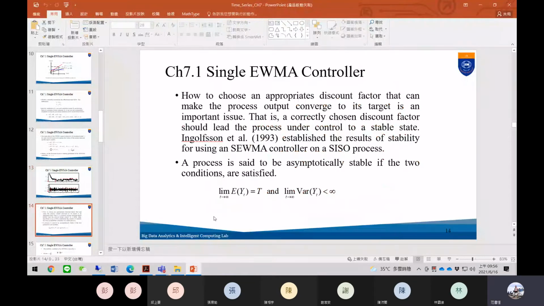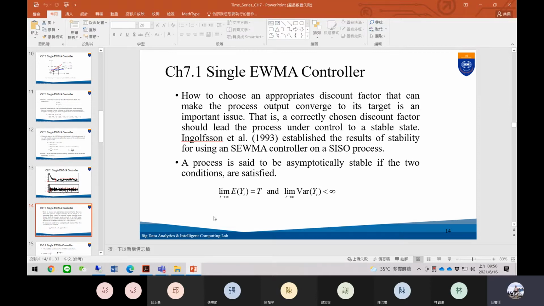So how to choose an appropriate discount factor that can make the process output converge to its target is an important issue. We have at least 50 important papers published in the last 20 years. A correctly chosen discount factor should lead the process under control to a stable state.